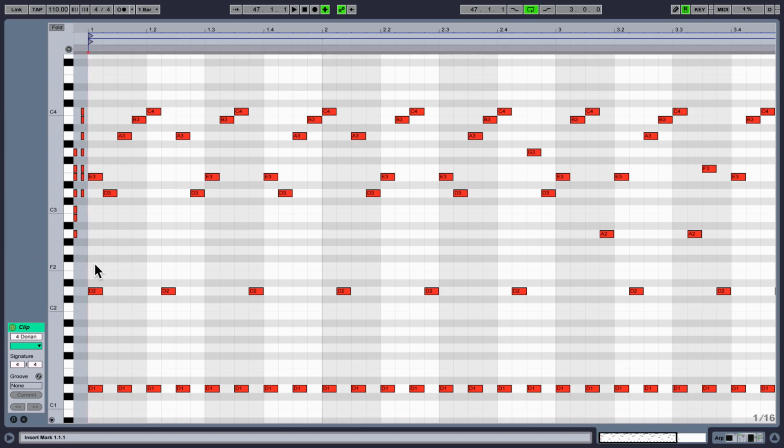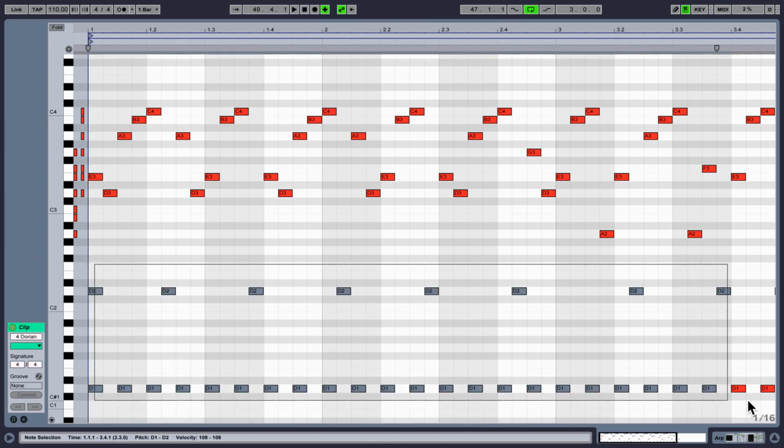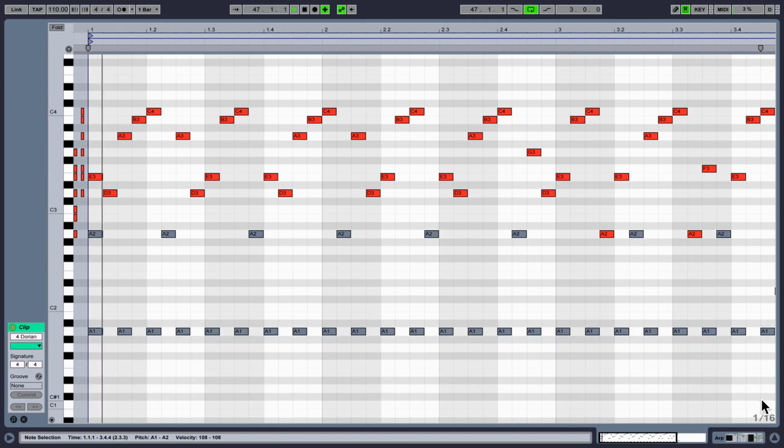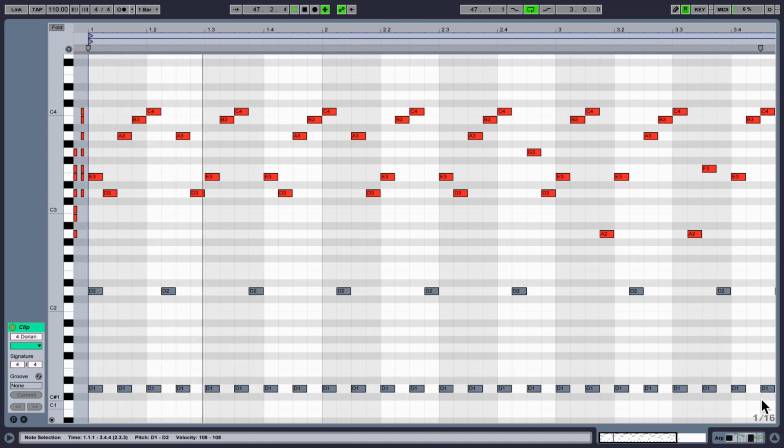For example, if I'm taking our root note here and I'm moving it up to A, compared to D, that relation from D, our lowest note, to C up here, our highest note, is full of tension because C in this case is the 7th and it's looking for release.